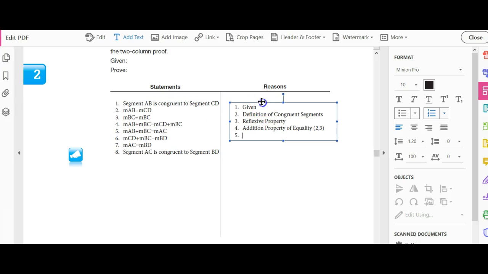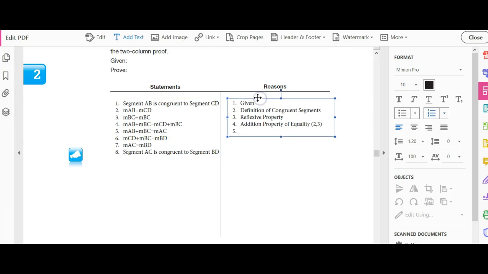And then we have, let's see, line 5. In line 5 I'm saying add AB and BC together, and it's equal to AC, the whole thing, so that is the segment addition property, or SAP, right? In the future, we're going to use this enough times that we're going to start making SAP acceptable, but right now I'm still writing the whole thing out so you don't forget what it is.